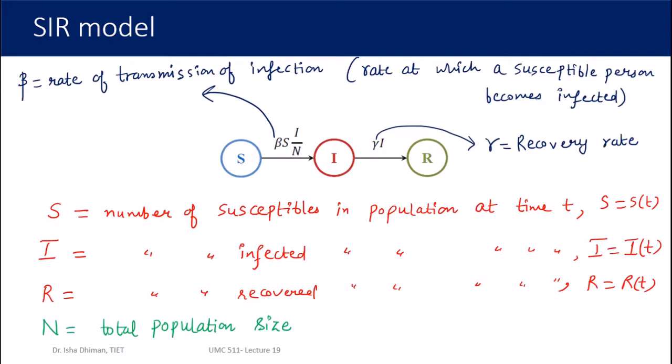We have just three categories of the population, S, I and R. So the total population is going to be equal to S plus I plus R. This is going to remain constant, while the people will shift from S to I and I to R. There will be interchange of individuals from one category to another, but their sum is going to remain constant.